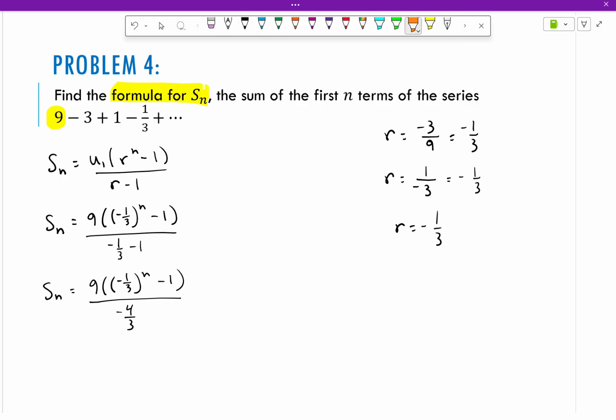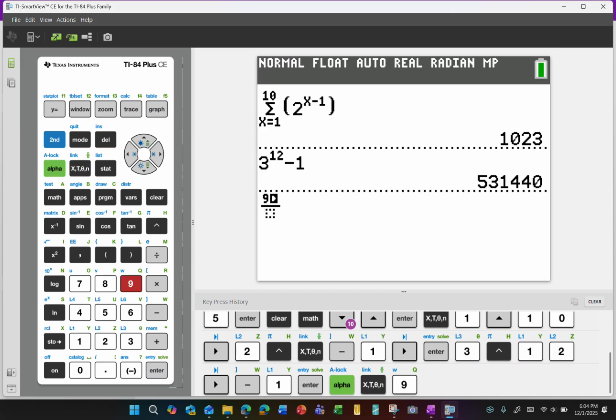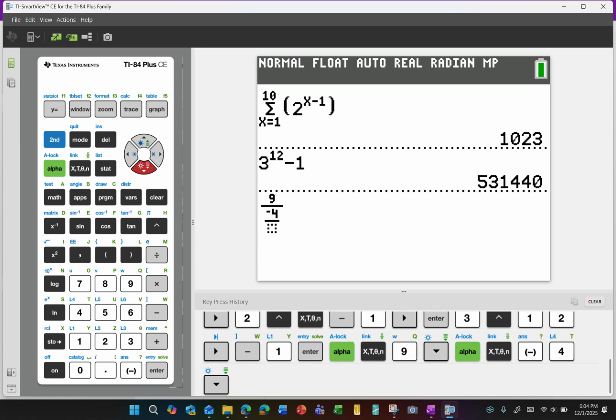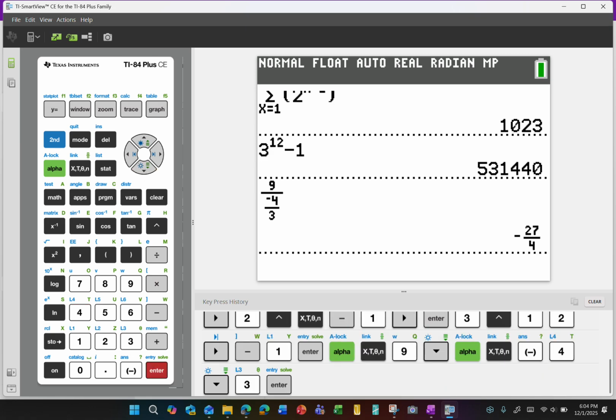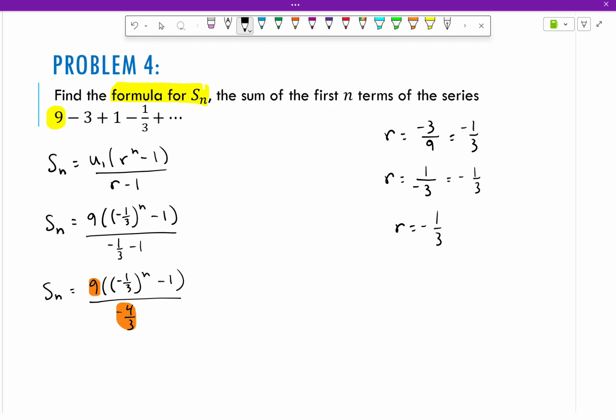Then I'm going to clean it up a little bit by dividing those two values together. So 9 divided by negative 4/3 gives me negative 27/4. So then I'll have s sub n equals negative 27/4 times negative 1/3 to the n minus 1. And now I have my formula.